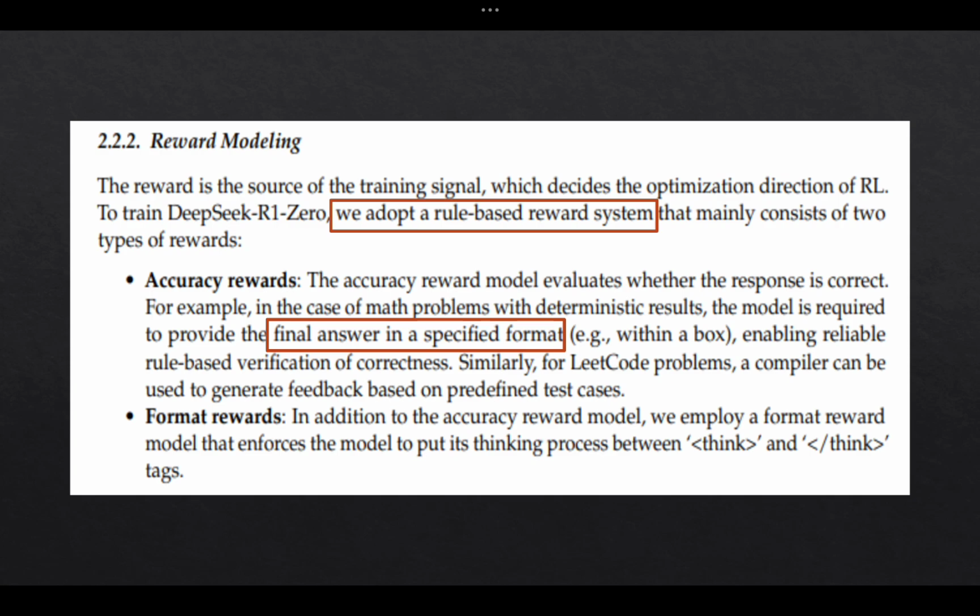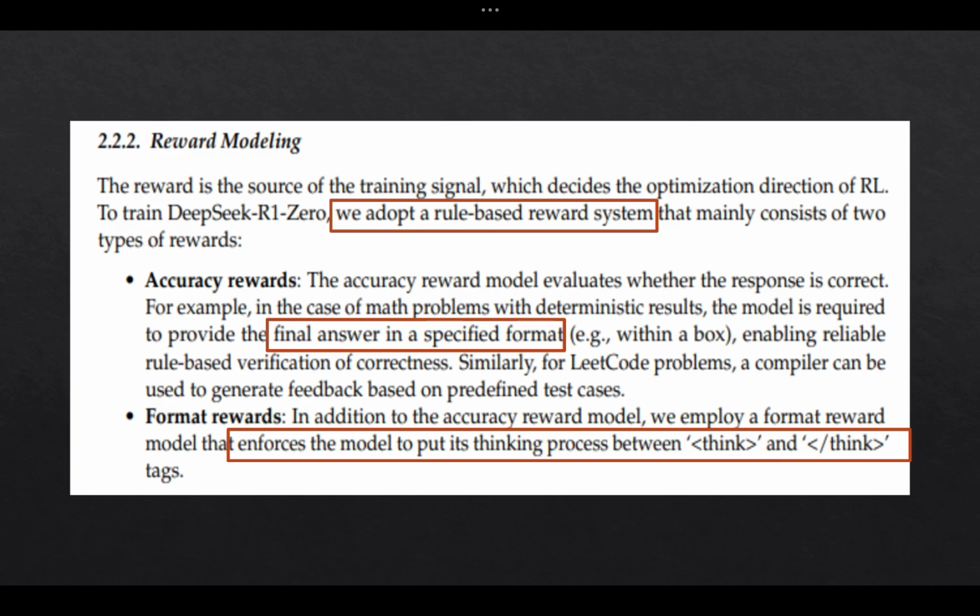This reward measures the accuracy of the output generated by the LLM. Then we also have format rewards, which enforce the model to put its thinking process between certain tags, right? Those tags are nothing but think tags, which ensure that the LLM thinks in a step-by-step manner using chain of thought prompting, and then generates the output.